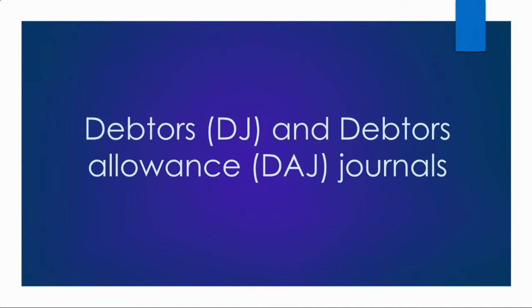Debtors, where would you put it? Okay, so Daniel says under assets. That's correct. Can you tell me, is it a current or a non-current asset? Okay, so Daniel says it is a current asset, and that is correct because normally your debtors would repay you within a 12-month period, normally within 30 to 60 days, depending on your settlement terms. So for that reason, it is a current asset.